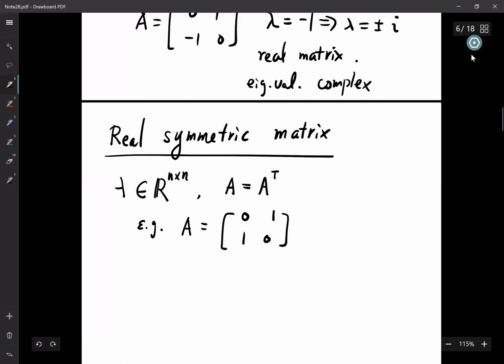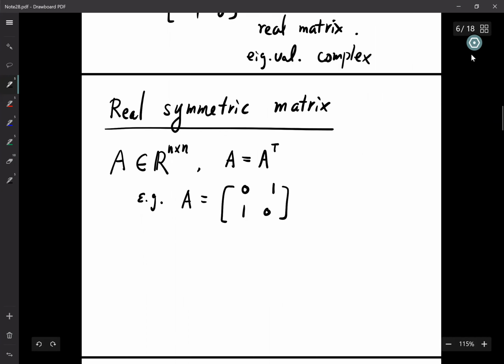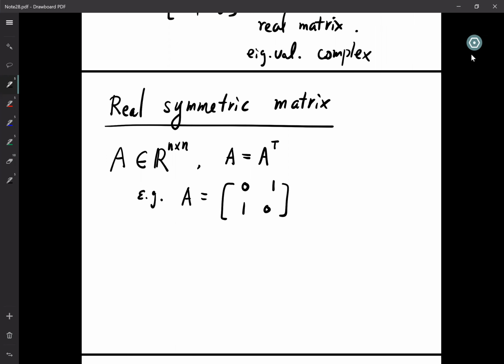Only a tiny difference between these two. For this one, the eigenvalues are plus minus i. This one instead has eigenvalues lambda squared equal to 1, meaning lambda equals plus minus 1. And you can solve the eigenvectors correspondingly; they are real as well.